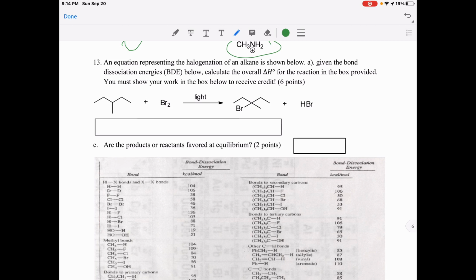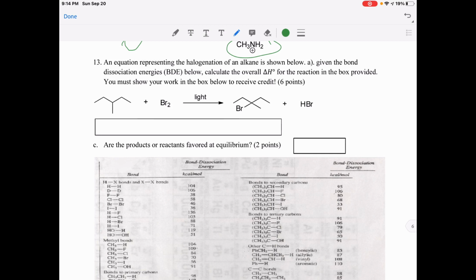We reach the final question of this exam, and it is to find the delta H of this reaction using the bond dissociation energies given in the table below.